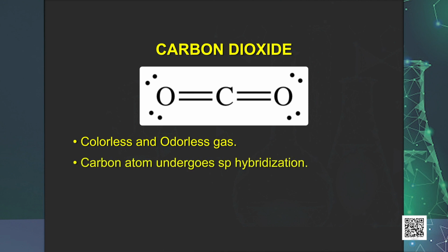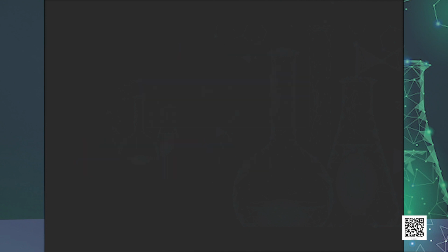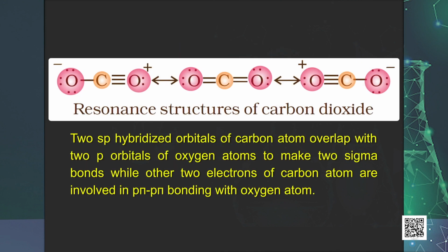In the structure of CO2 molecule, carbon atom undergoes sp hybridization. Two sp hybridized orbitals of carbon atom overlap with two p orbitals of oxygen atom to make two sigma bonds, while other two electrons of carbon atom are involved in p-pi bonding with oxygen atom.